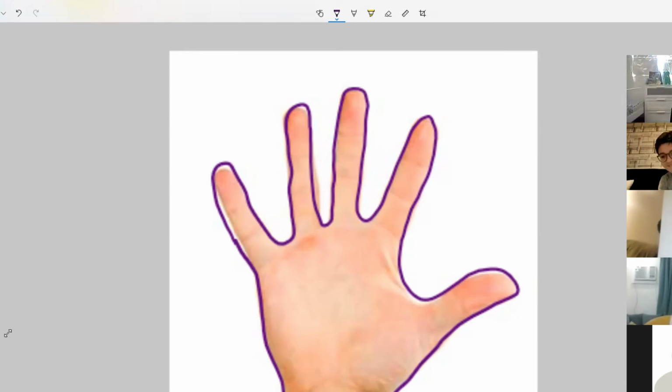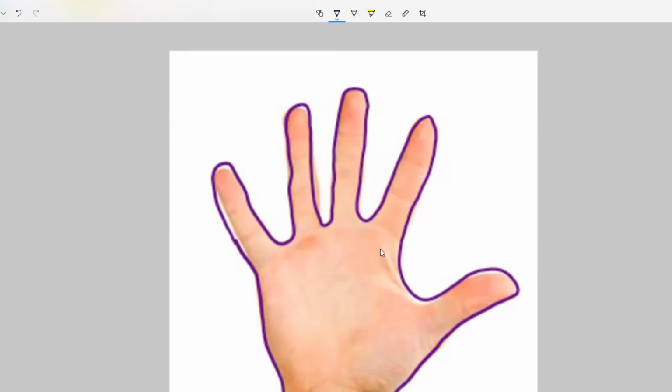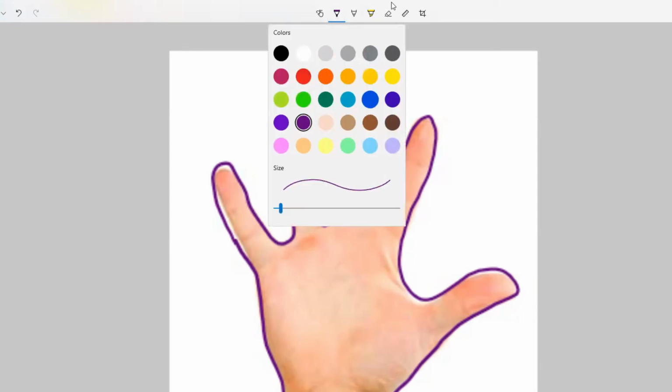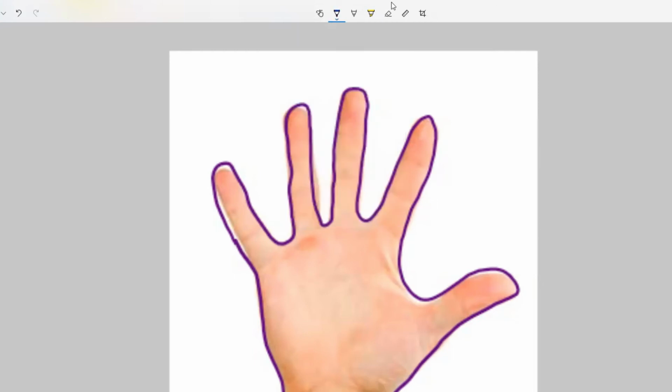Okay. Now, let's see what we're gonna do, okay? Between each finger here, we have multiply by 10, here multiply by 10, and here multiply by 10, okay?